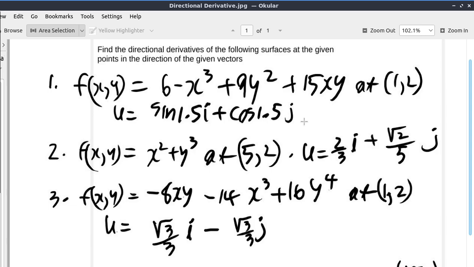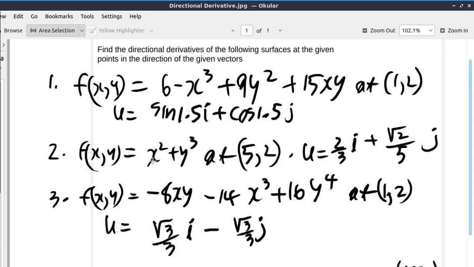Right? And remember, you need to do all of these questions before you watch my solution of the questions. Alright? And later on, I'm going to do a review of the steps that you should take when finding directional derivatives.